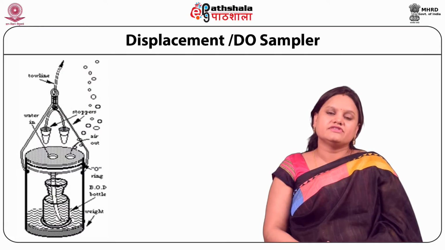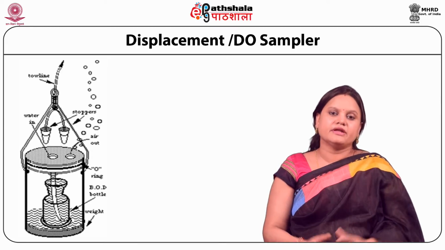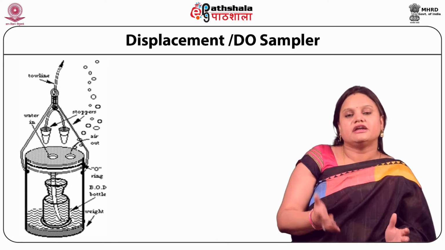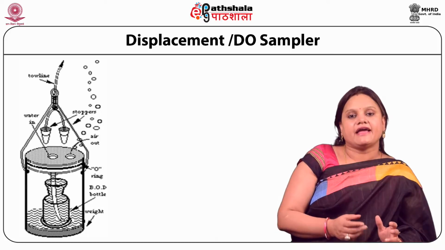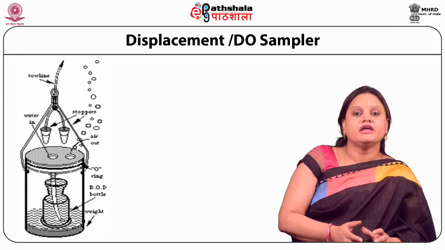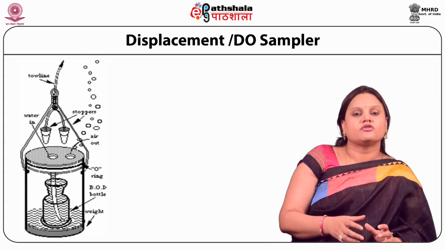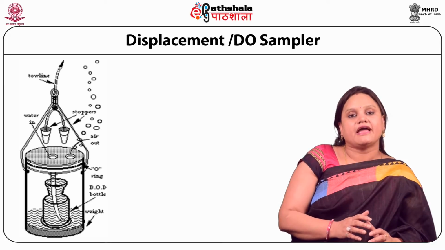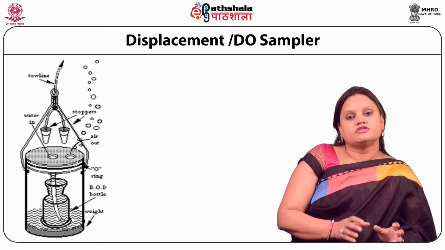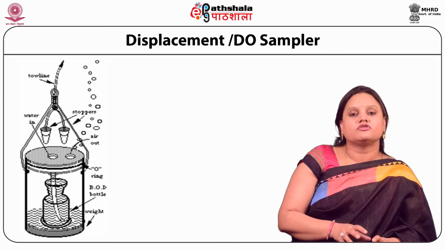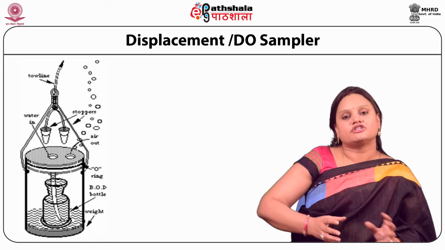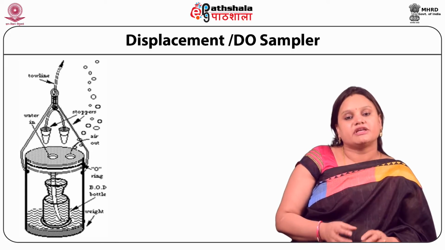In this figure, we can see the displacement or DO sampler. The small cage contains a 300 ml BOD bottle, and as we lower this DO sampler into the water body, the water is automatically siphoned through the tube into the BOD bottle, and as the water fills up to the level, the rubber cork stops the BOD bottle so that atmospheric oxygen cannot affect the natural constituent, dissolved oxygen, present in the water.